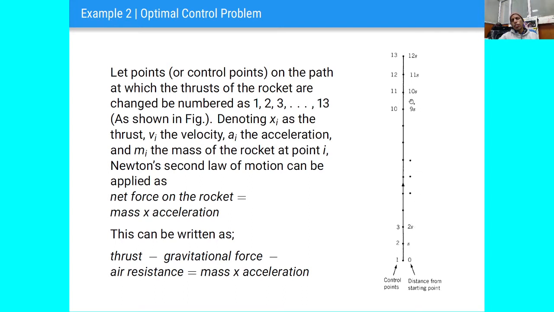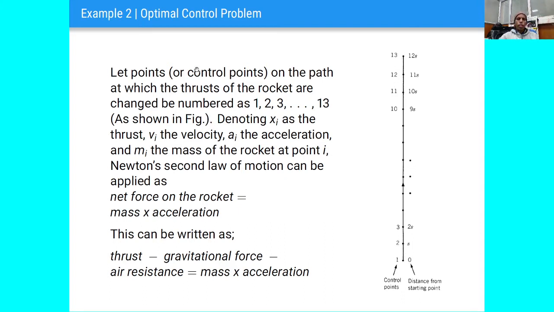Likewise, these distances are 2, 3, 4, 5, 6 up to 12s. Okay, so if you take up the control points, how many control points are there? These control points will be 1 plus the number of stages. Okay, so there are 12 stages, so the number of control points is 13. So these control points are starting point 1, 2, 3 and up to 13.